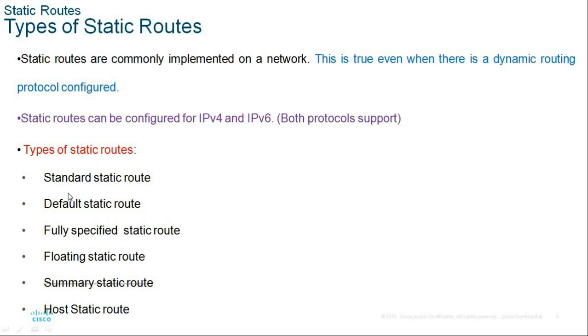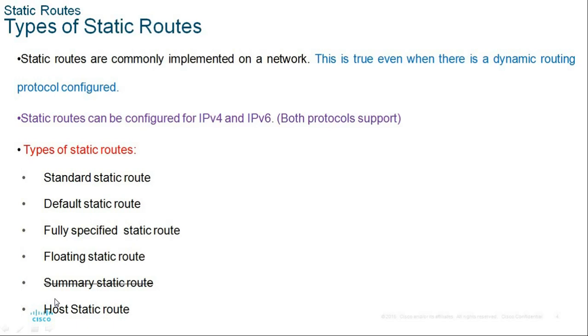The static routes are classified into six basic types: standard static route, default static route, fully specified static route, floating static route, summary static route, and host static route. So totally these are the different types of static routes.